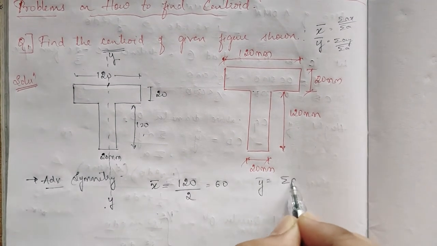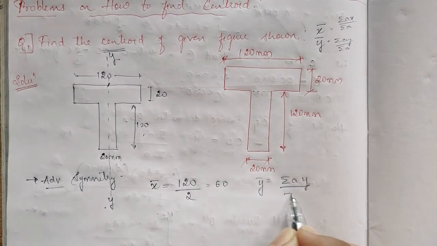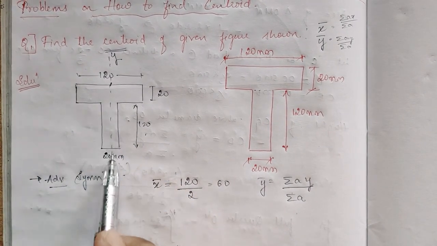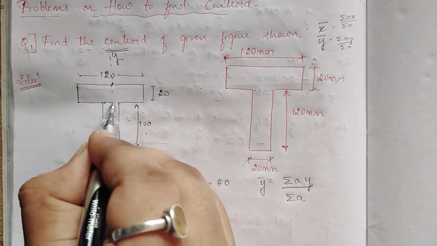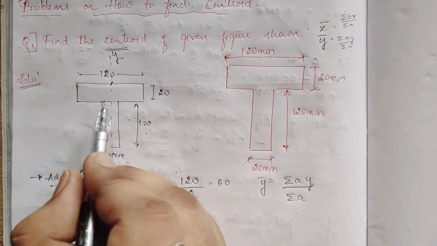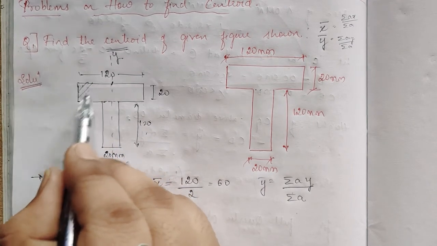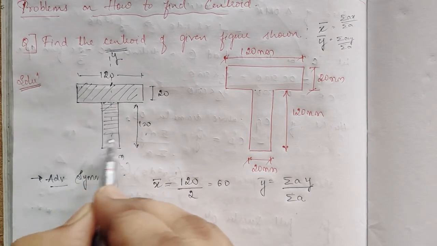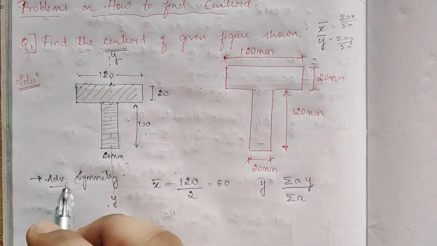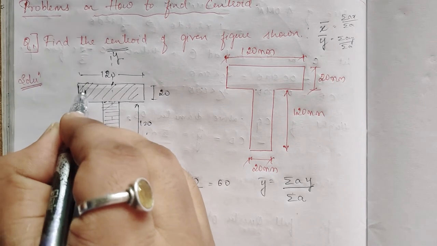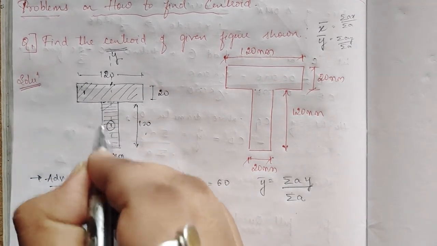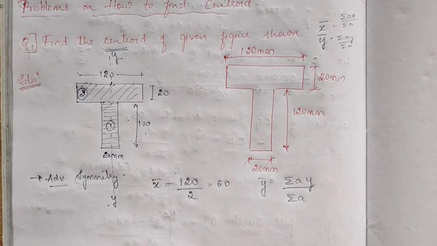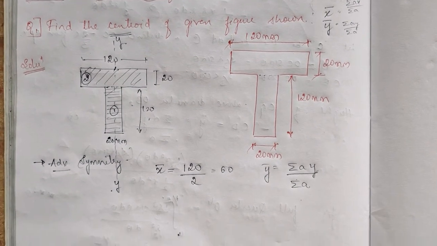And y bar is equal to summation of a into y divided by summation of a. We divided the figure using symmetry, and we will also divide the figure into two parts, this one rectangle and this one rectangle. We will take the two rectangles separately. I'll call this part number 1 and this number 2. So we have two figures to solve now.